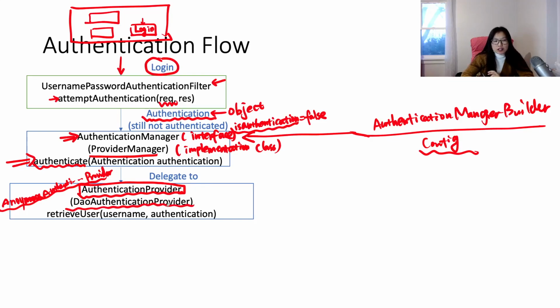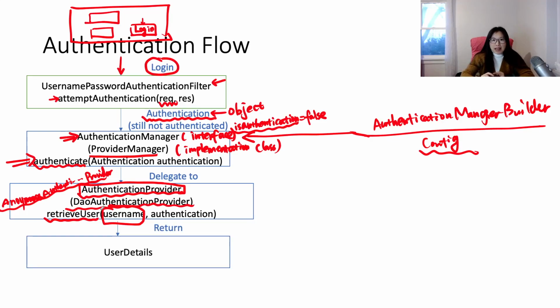And this DaoAuthenticationProvider, what is it going to do? It has a method called retrieveUser based on the username. So in Spring Security, it doesn't use the username and password we input in the browser to query the database. Instead, it only uses the username to query the database to see if it can grab a user using that username.